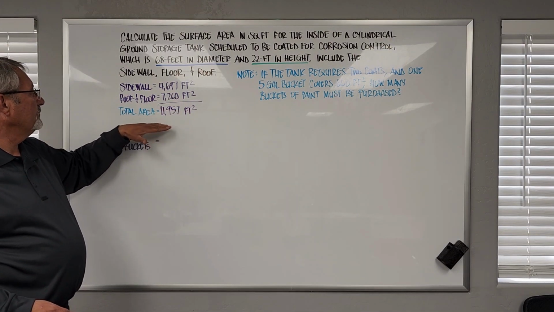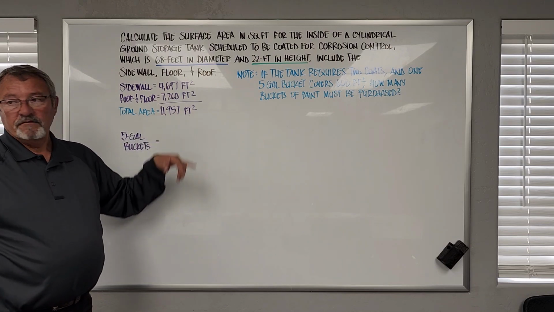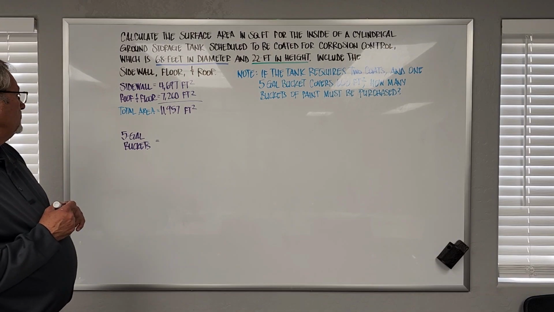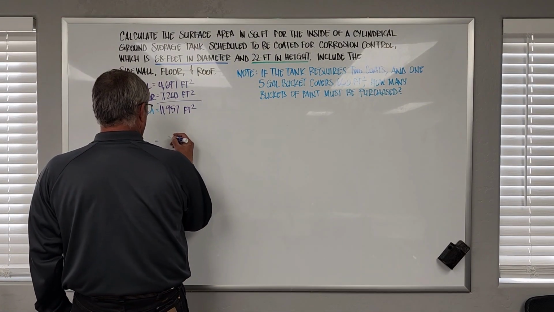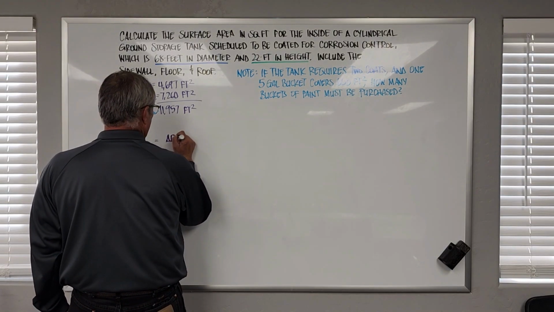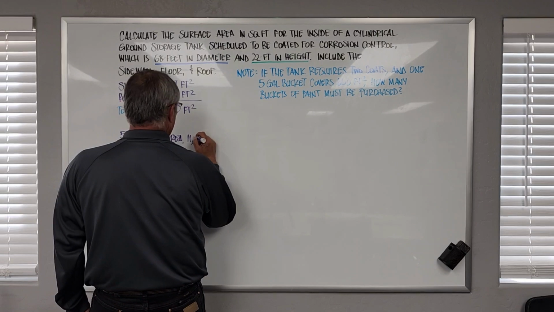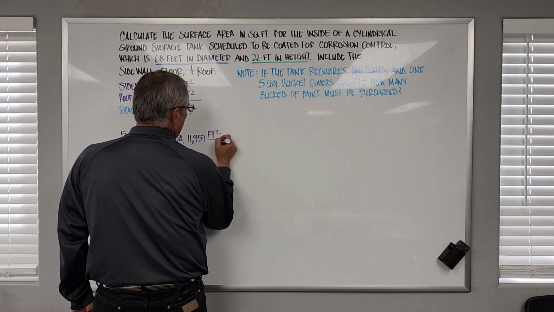We added that together for a total area of 11,957 square feet. Okay? So, we know that we have area, 11,957 square feet over 1.